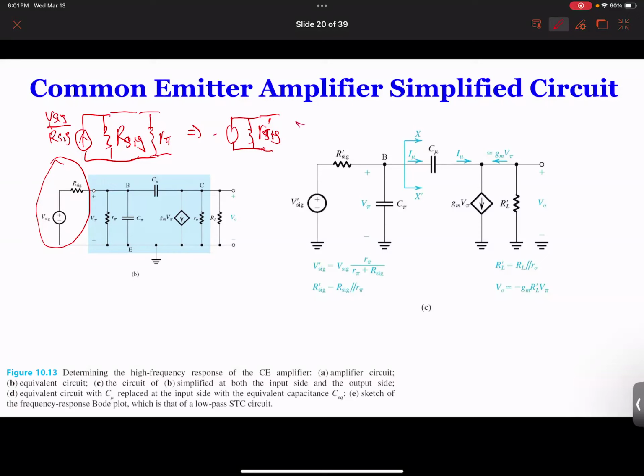By doing this, you can further change them back into a voltage source, and this becomes VSIG prime.